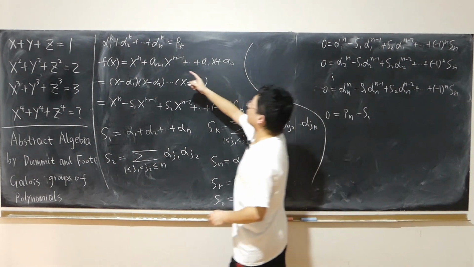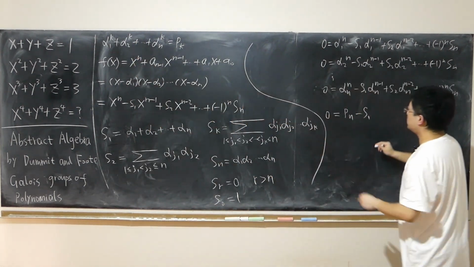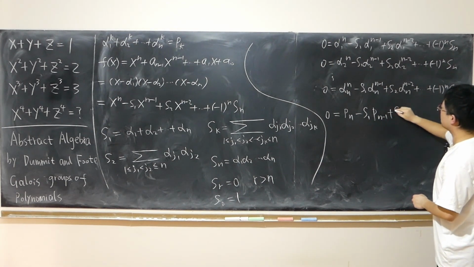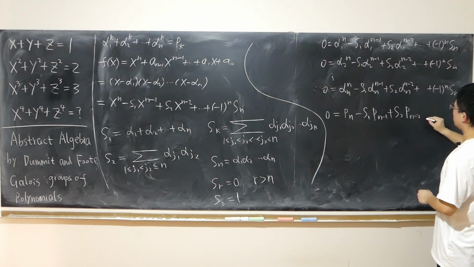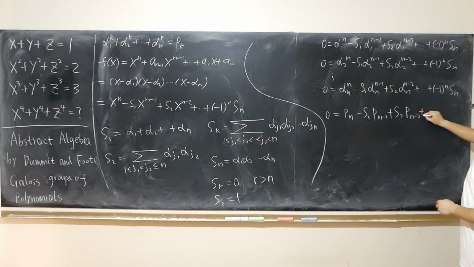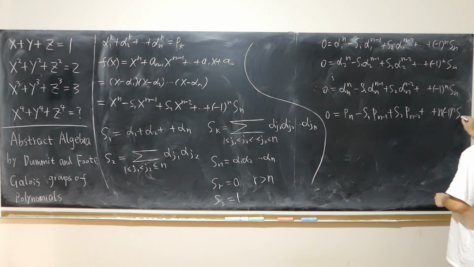That's the power sum of degree n minus 1, Pn minus 1. Right, plus S2 times, likewise, Pn minus 2, power sum, and n minus, all the way. So the last term I have is negative 1 to the n Sn.